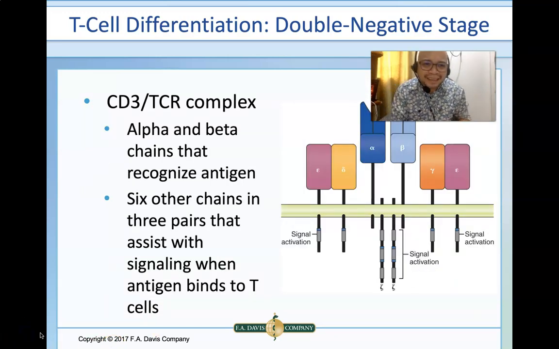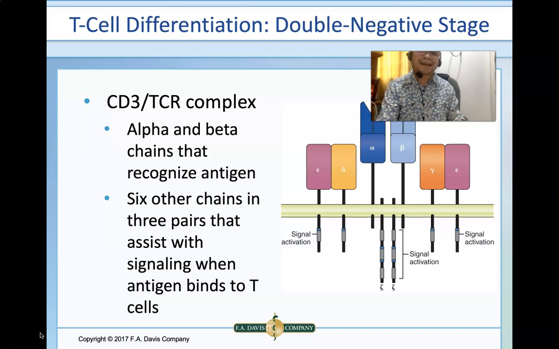Going back again here in this slide, you will notice that if you look closely, this is the so-called CD3 TCR complex. So based on our previous slide, we all know that positive selection and negative selection, the processes of those selections, have actually taken place in this CD3 TCR complex. Now, if you look, there are actually two major chains of the CD3.